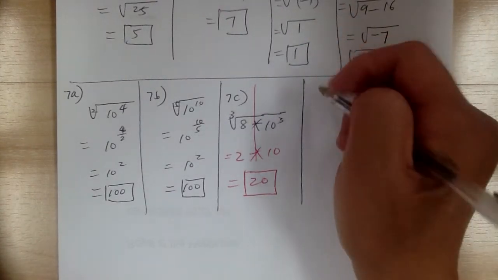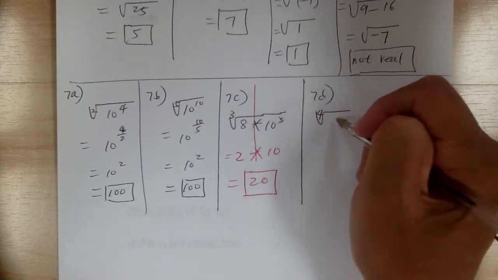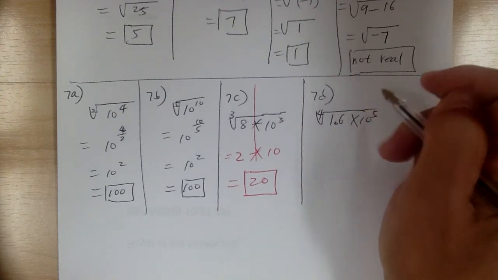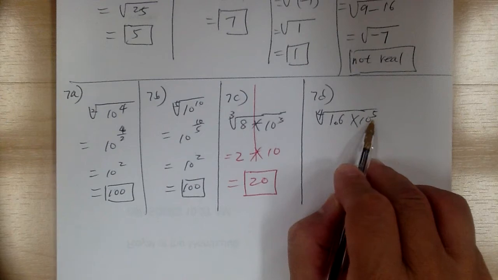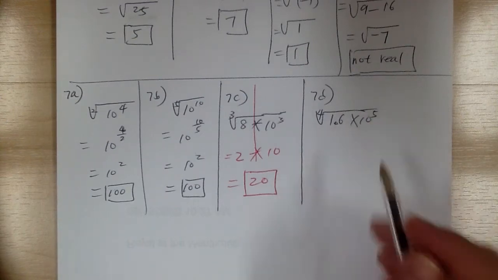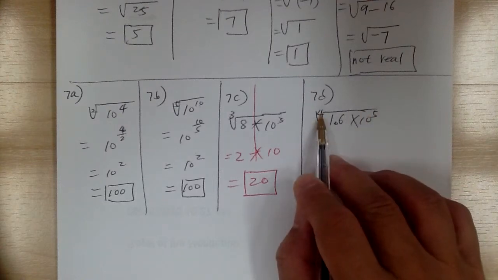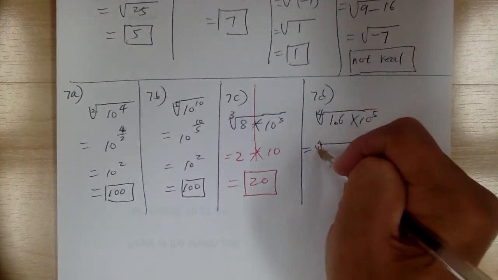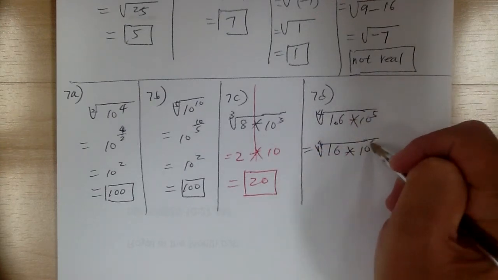Okay, let's go to 7d. You have the fourth root of 1.6 times 10 to the 5. Now this method is not going to work because this is a 4 and this is a 5. So what you need to do in this case is make this exponent the same as the index or a multiple of the index. So you want to make this into the fourth root of 16 times 10 to the 4.